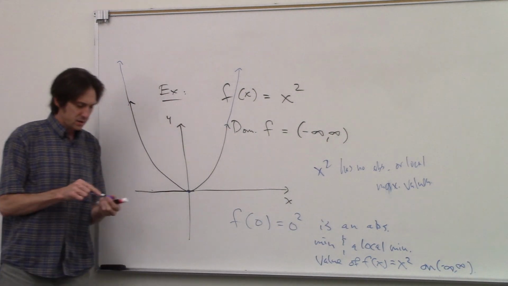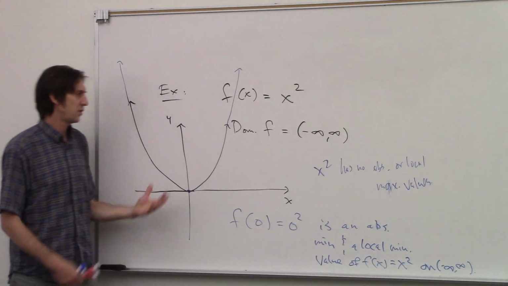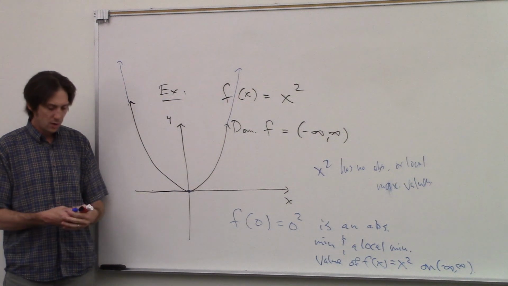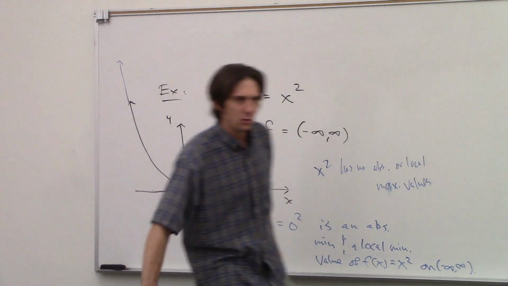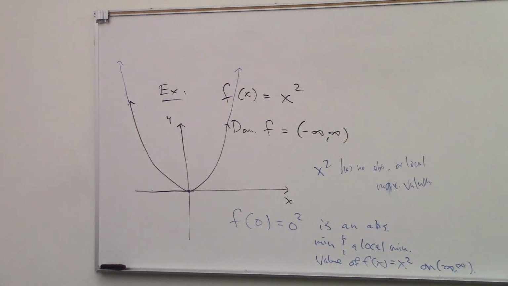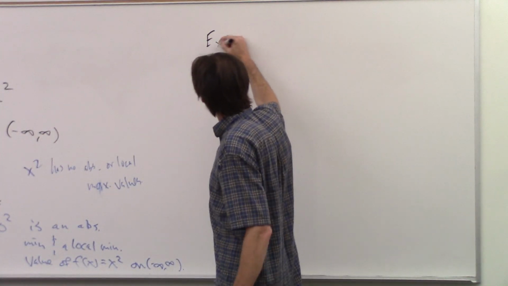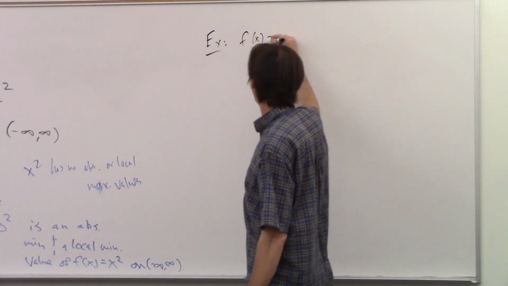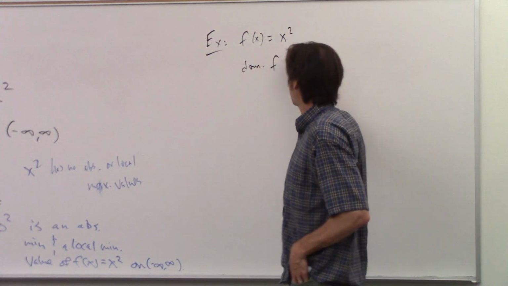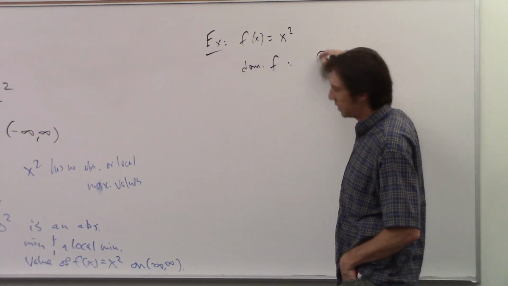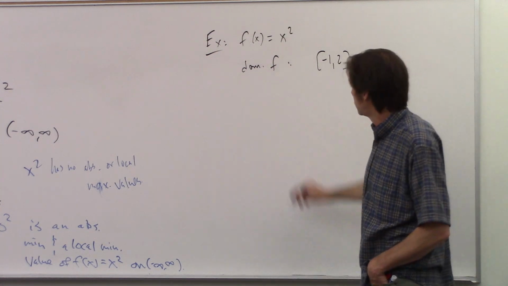The fact that we're on the entire real line, in other words, the fact that the domain is all real numbers, is important when we're deciding what the absolute and local max and mins are. For example, what if I look at the same function, f of x equals x squared, but this time I'm going to restrict the domain and say that the domain is -1 to 2, including -1 and 2.